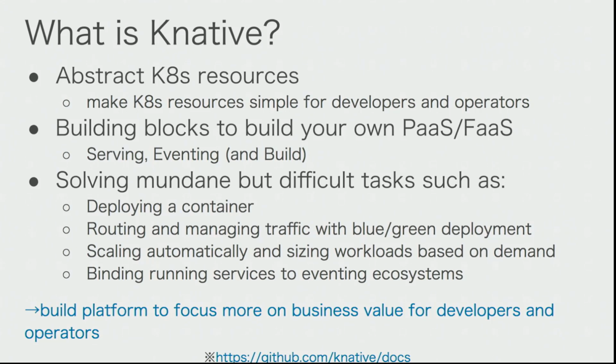Finally, it solves mundane but difficult tasks such as deploying a container, routing and managing traffic with blue-green deployment, scaling automatically, and sizing workloads based on demand. Finally, binding running services to event systems. Knative helps us build a platform to focus more on business value for developers and operation engineers.